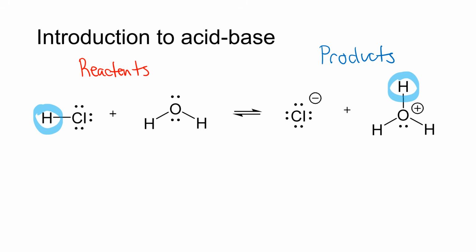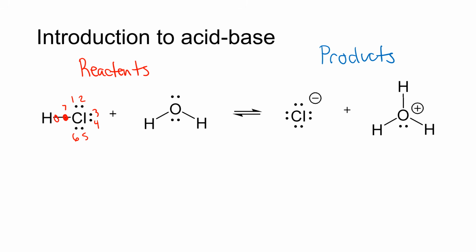To understand that, we need to think about the electrons that are doing the bonding in this reaction. And so let's take a second and draw on the electrons on our HCl species. So we have 1, 2, 3, 4, 5, 6. Chlorine has 7 valence electrons. One of them is being used in that bond to the hydrogen.